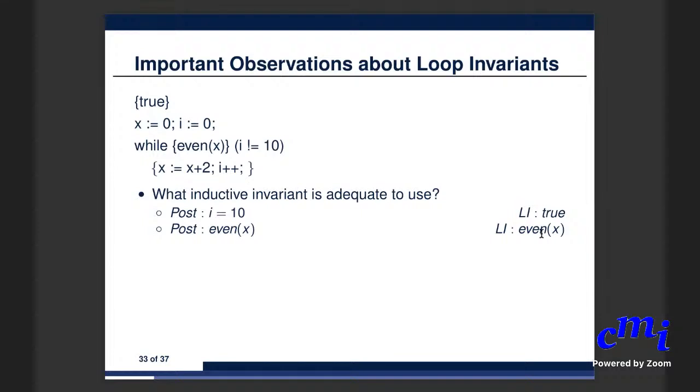That is, if you start in an arbitrary state in which x satisfies the predicate, x is even, then if you enter the loop and execute it, it continues to be true. So if your post condition passes the inductiveness check, then it is fairly easy.